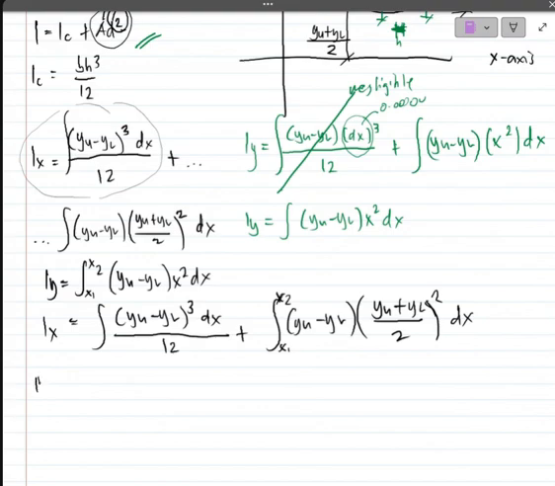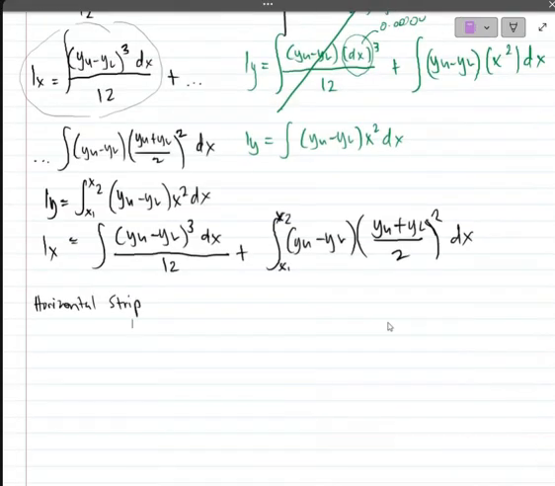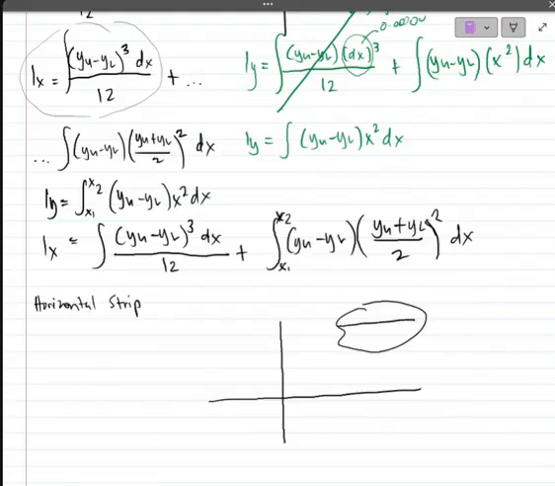Now for the horizontal strip, if this is our area to be considered, we're using a horizontal strip. The center is here also. So if we take Ix, this is our x-axis.